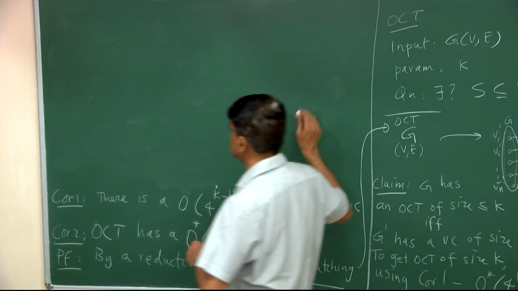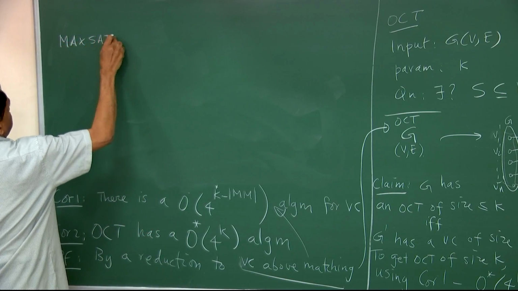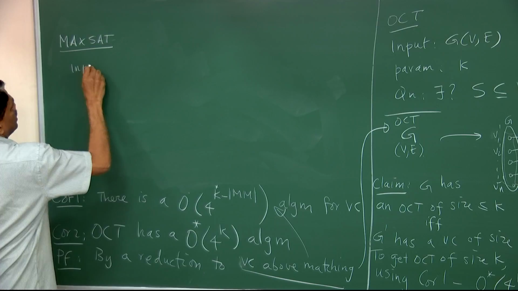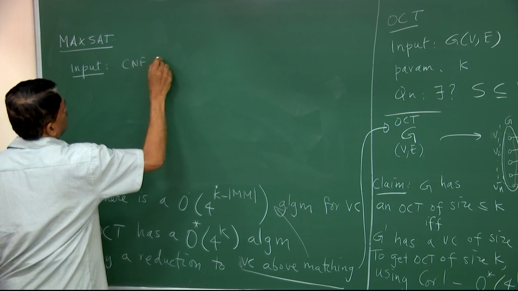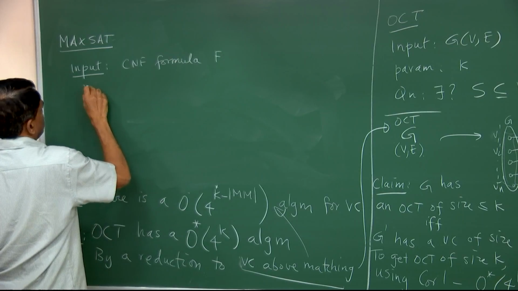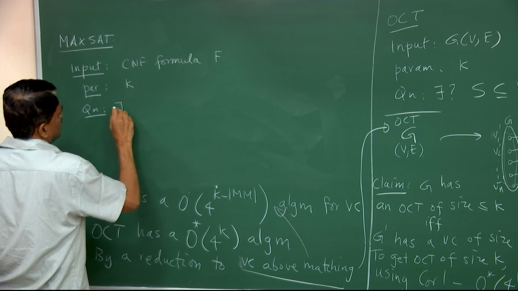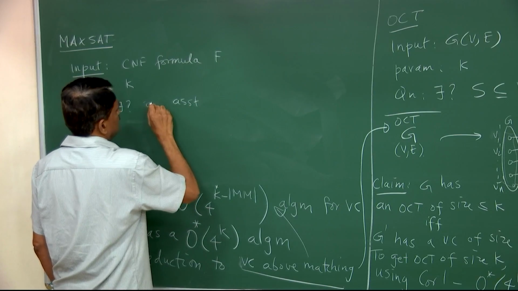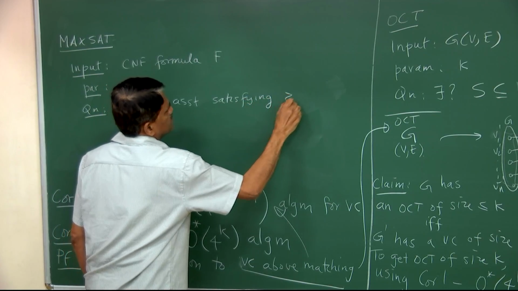So, we saw this max SAT version. The standard parameterization of max SAT is, our input is some CNF formula, and your parameter is k, and the question is, is there an assignment satisfying at least k clauses?